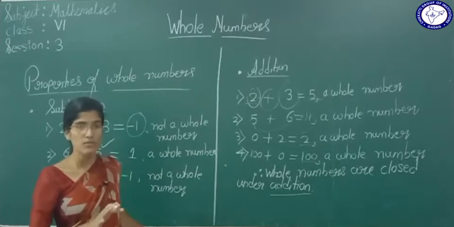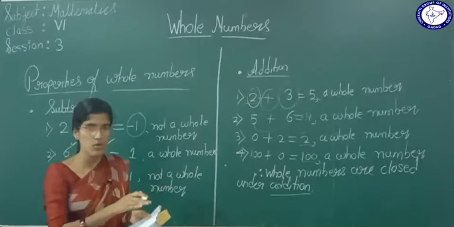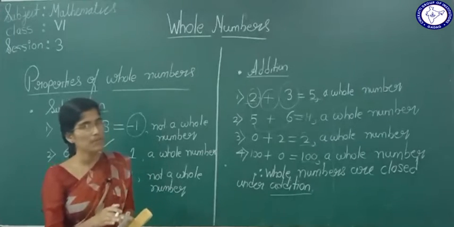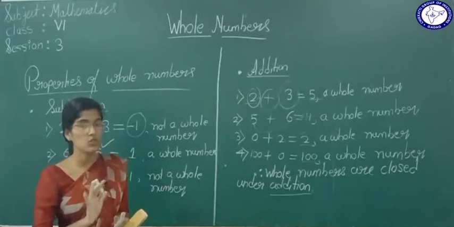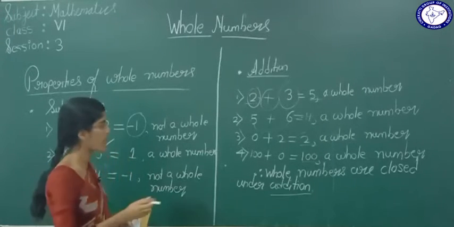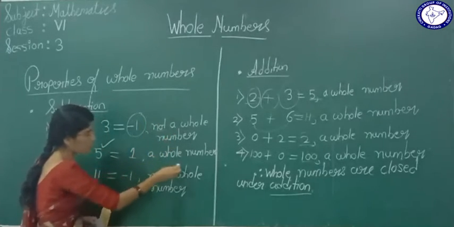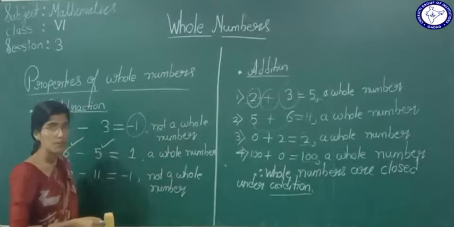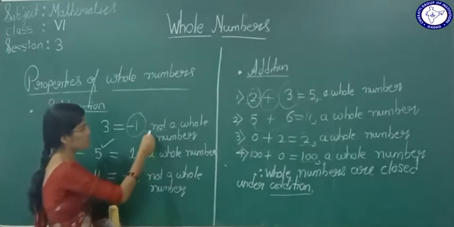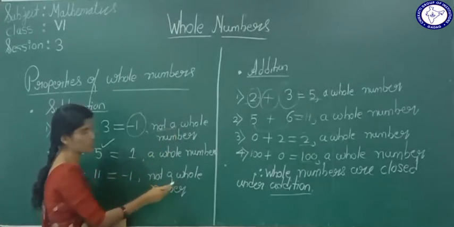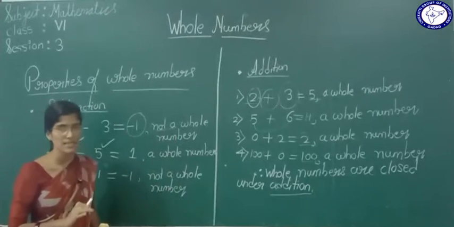It should not happen like that. It should be that in every example the answer is a whole number. But here it is not a whole number. It should not happen like this.